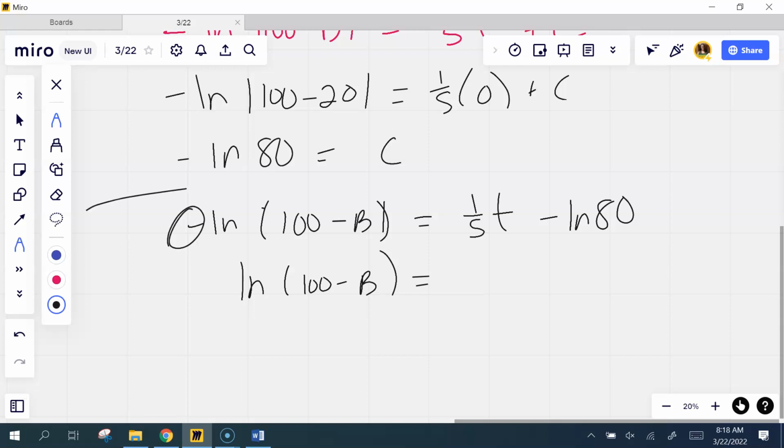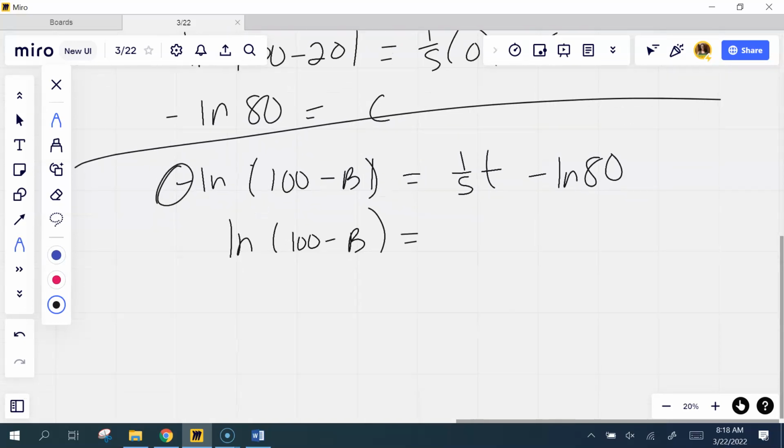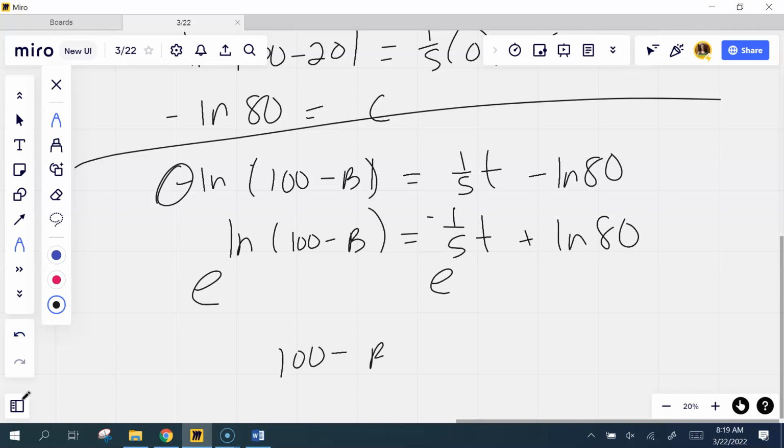All this, from this point on, to me is the hardest of the problem, and that's only 1 point. I've got -150 plus log 80. So now you're into just algebra. If I do e on both sides, I have the log of 100 minus b equals e to the -1/5 times 80, because the e and the log cancel out.